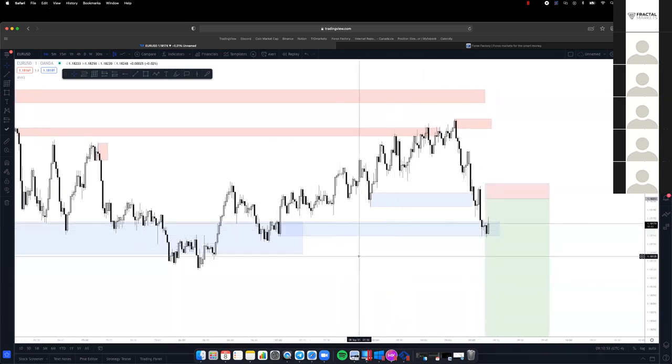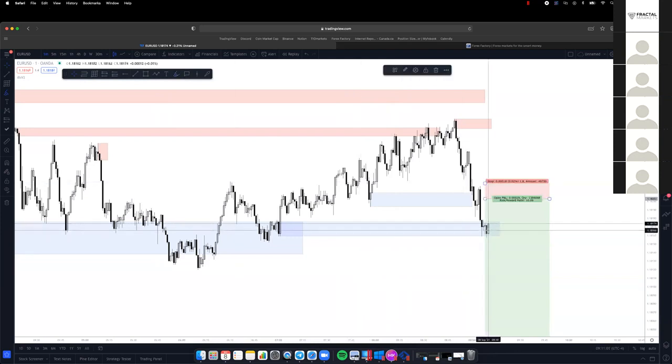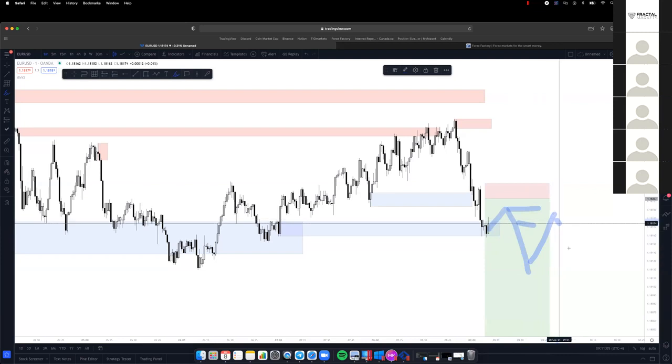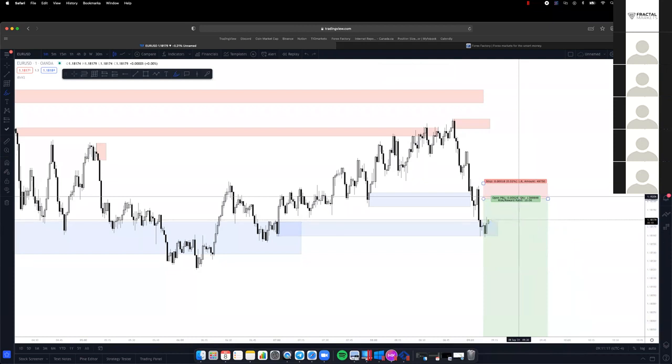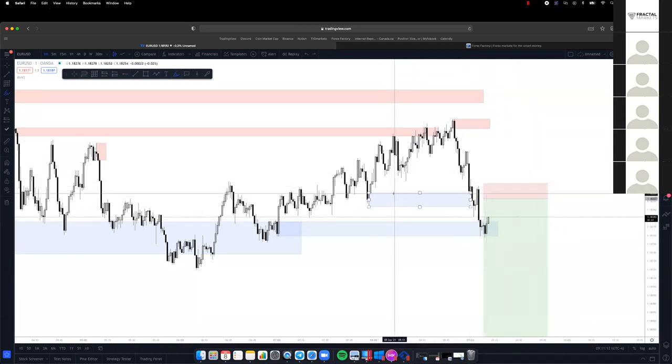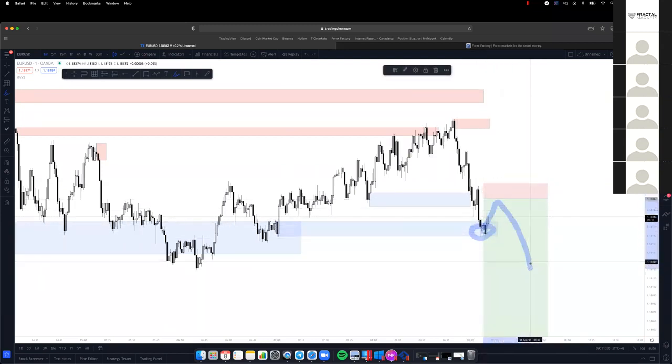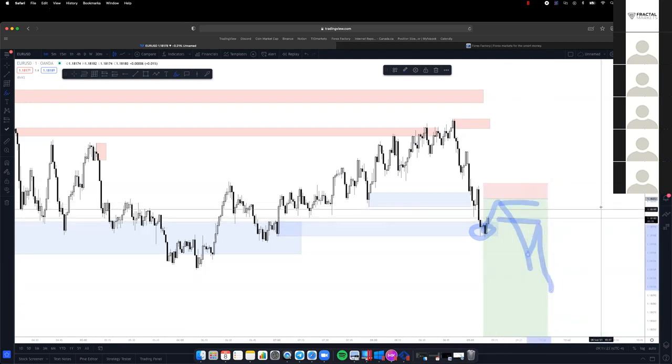I understand that if we do something like this, we deplete this and then come like this. This is my ideal entry, the demand to supply flip. So I'm just waiting to see. I'm in no rush to get into a poor quality trade. I'm just looking for my criteria to get met. My go-to setups are when demand turns into supply and creates this. Those are the ones I like to see.